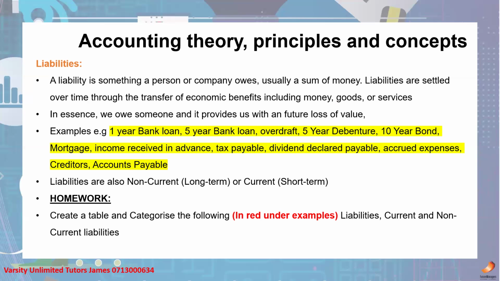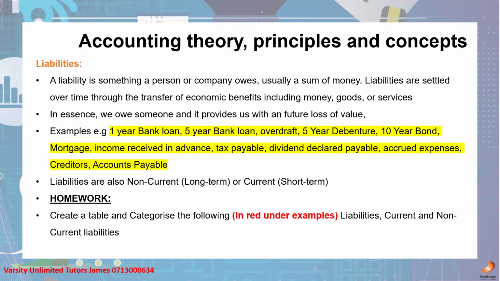That becomes a liability. So that's what liabilities are. Right? So liabilities, again, they reflect you owe people, but you are going to have to pay for it in the future, which means you're going to have a loss of value that is going to happen in the future of the organization.